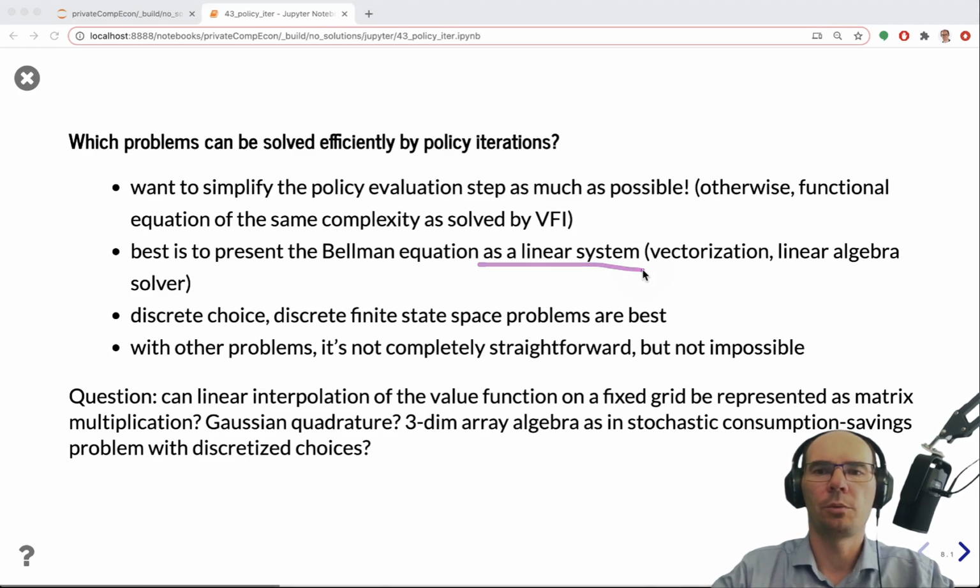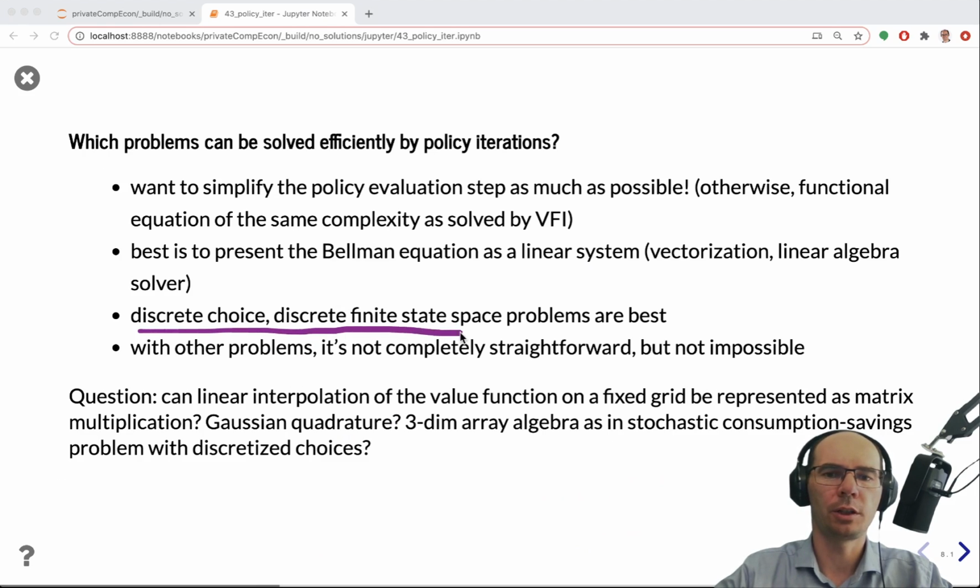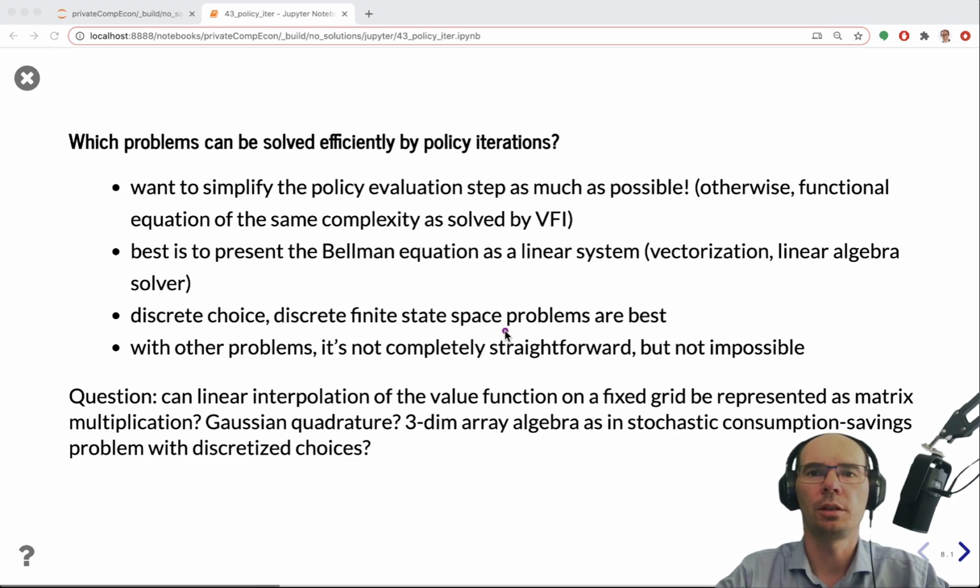We should think about whether it's possible to represent the Bellman equation, the right-hand side of the Bellman equation, or the maximant, as a linear system. Discrete finite state space problems are where policy iterations really become a much better choice than value function iterations.